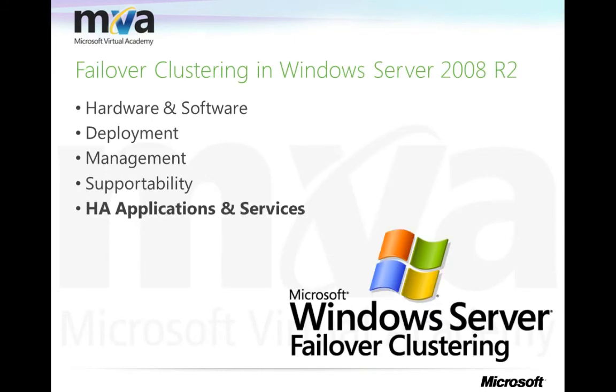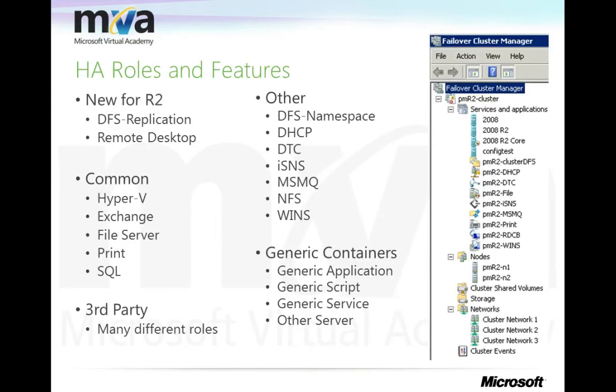Finally, we are going to look at the highly available applications and services which run on top of your cluster. In 2008 R2, we added support for two new inbox roles, DFS replication and remote desktop connection broker. However, we still find that over 90% of our clustered workloads use Hyper-V, Exchange, File Server, Print, and SQL.